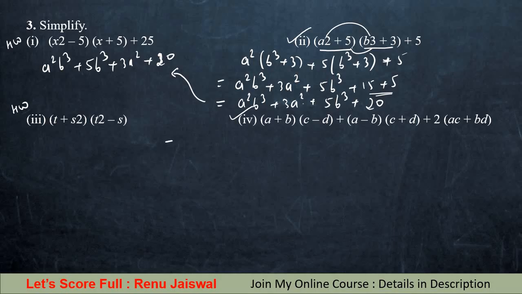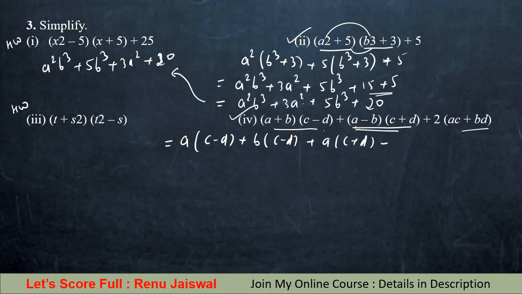Coming to the fourth question, here binomial times binomial, binomial times binomial, and then a simple monomial multiplied by a binomial. So let's do that. Distribute first, and then b, and then this bracket. I'll take a first and then (c plus d), then minus b (c plus d), and then 2ac plus bd.